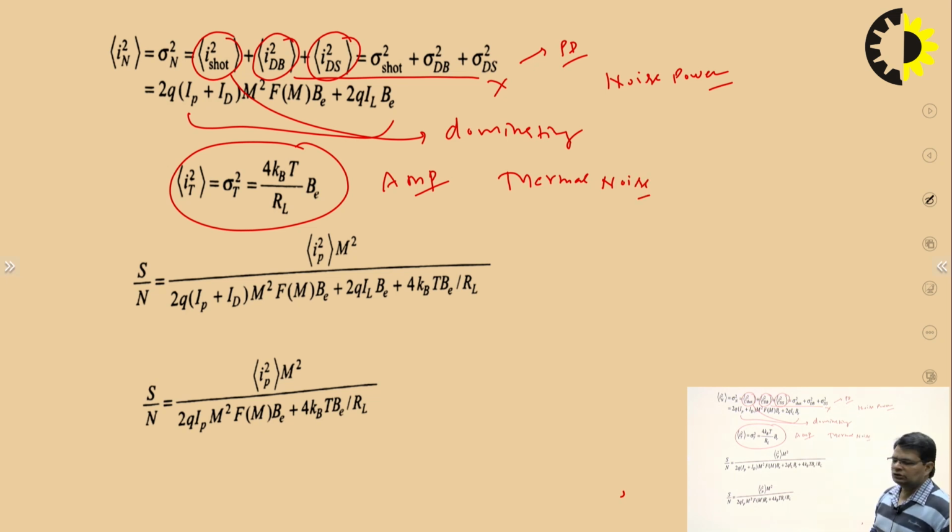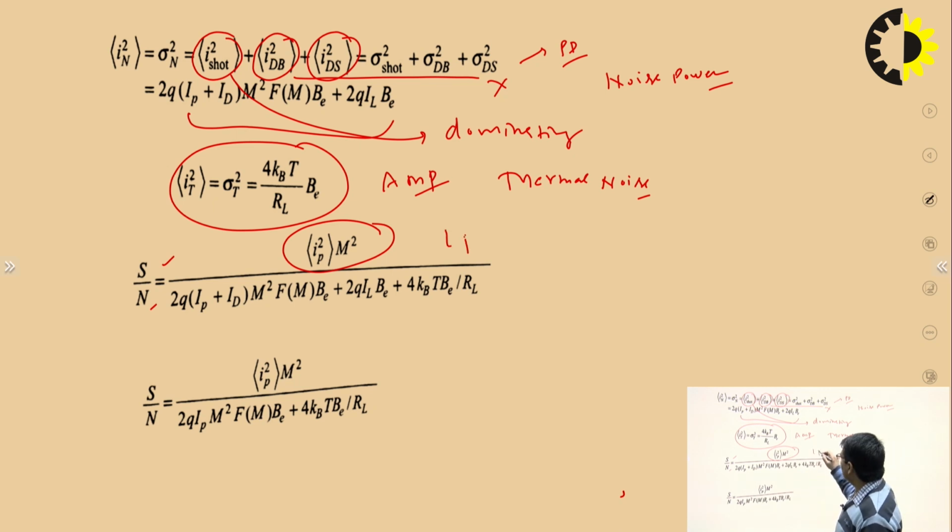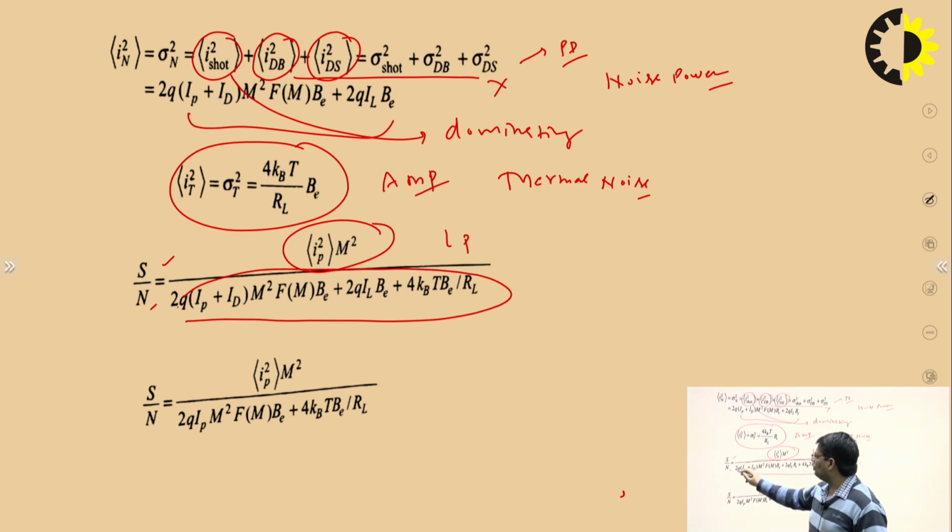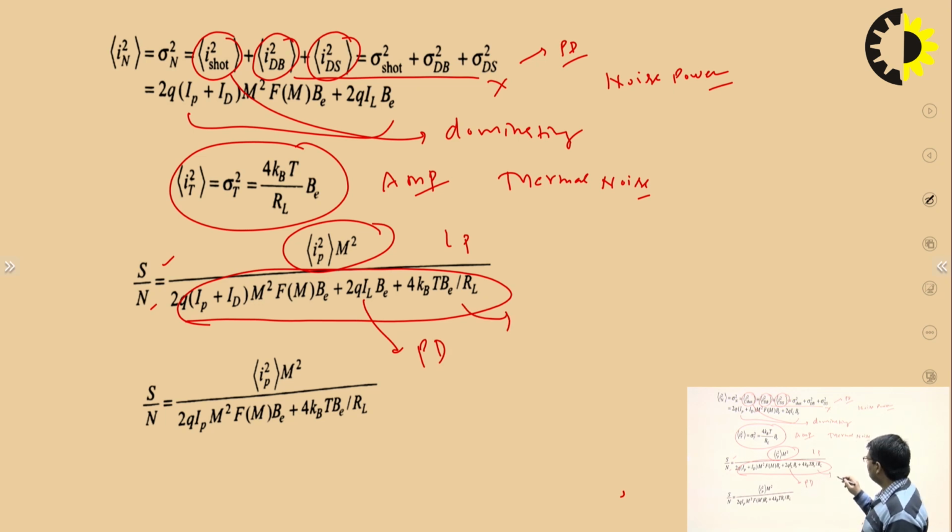So the signal to noise ratio will be calculated as the power corresponding to the useful signal photocurrent, that is corresponding to IP, and the noise power calculated corresponding to all the noises which are available in the case of the photodiode and in the case of the amplifier.